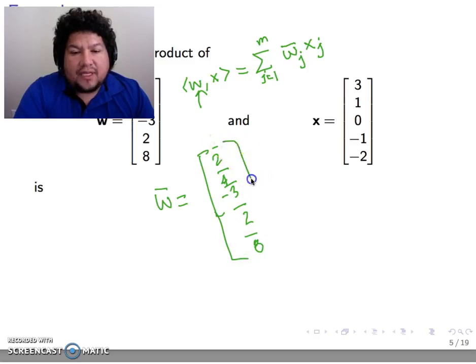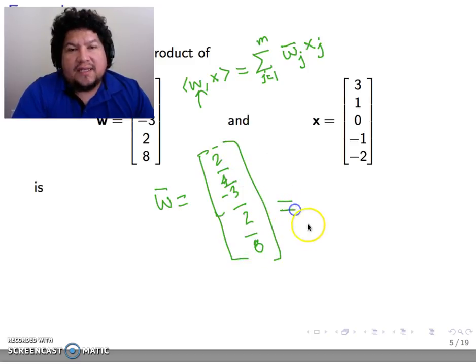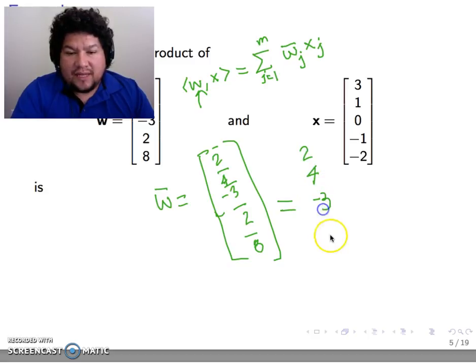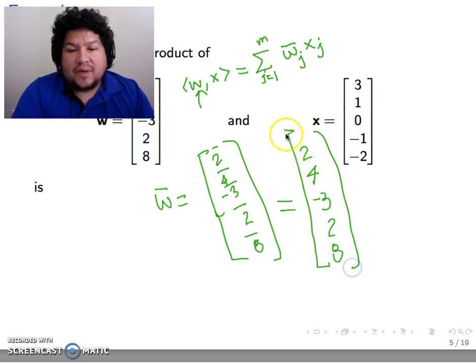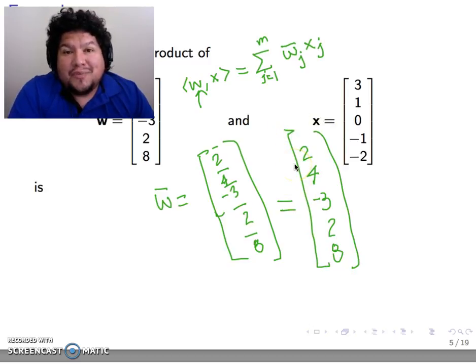Each of these numbers is a complex number that has 0 imaginary part. Therefore, the conjugate of 2 is 2, the conjugate of 4 is 4, the conjugate of -3 is -3, the conjugate of 2 is 2, and the conjugate of 8 is 8. All these are numbers with 0 imaginary parts. You can call them purely real numbers.